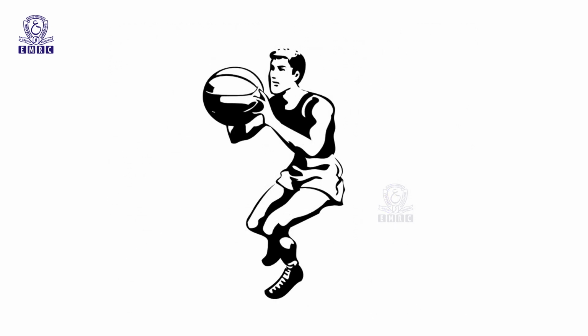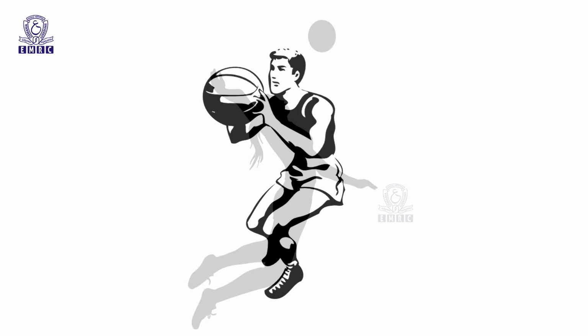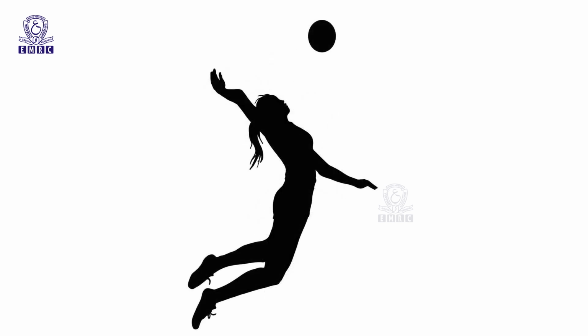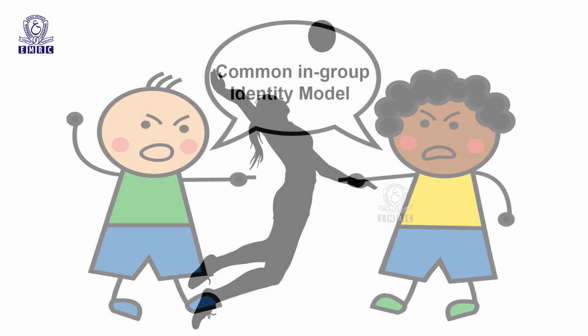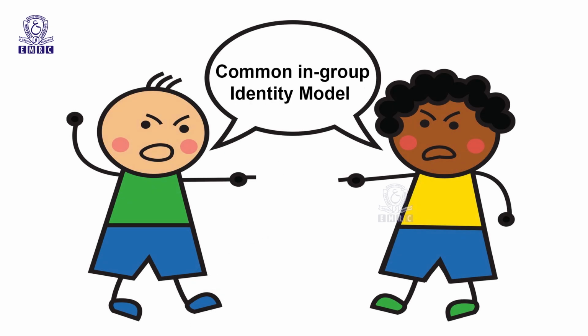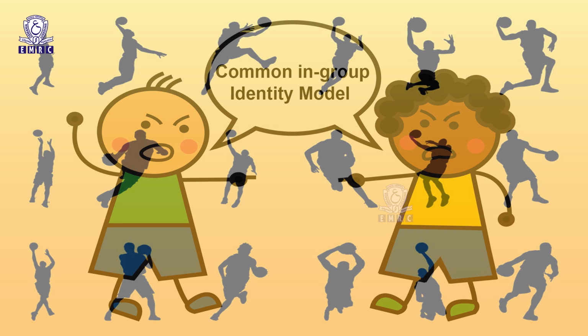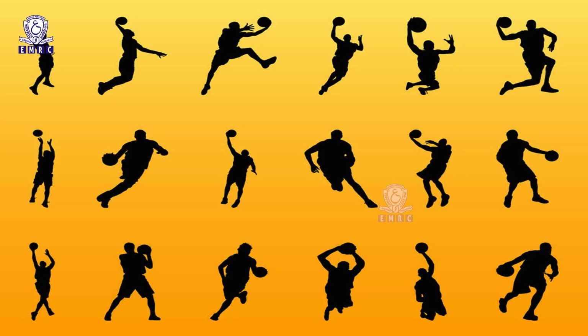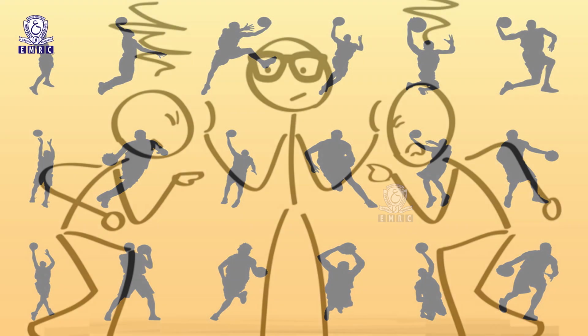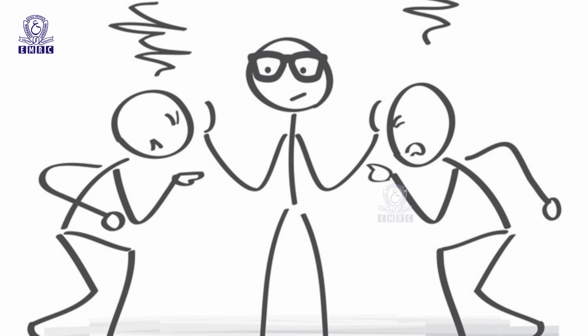This shift from different to similar is called re-categorization. Common in-group identity models suggested that individuals who view themselves as part of a similar group can reduce the intergroup conflict.